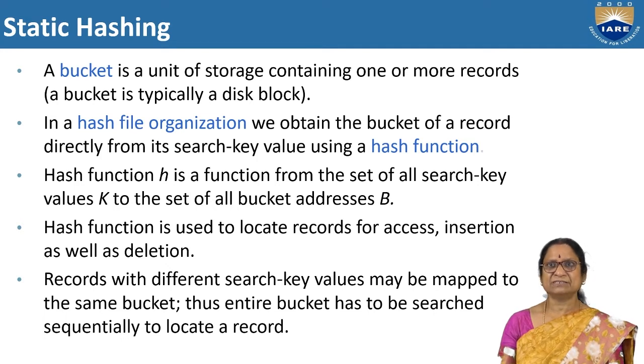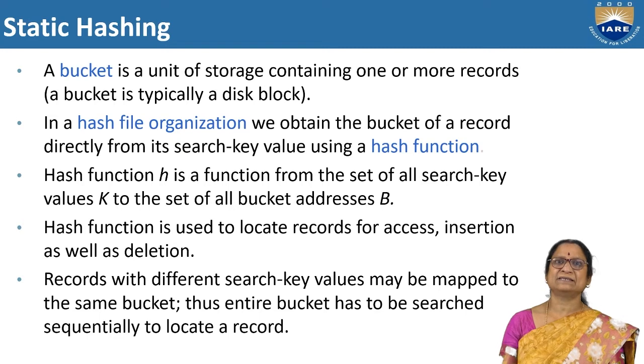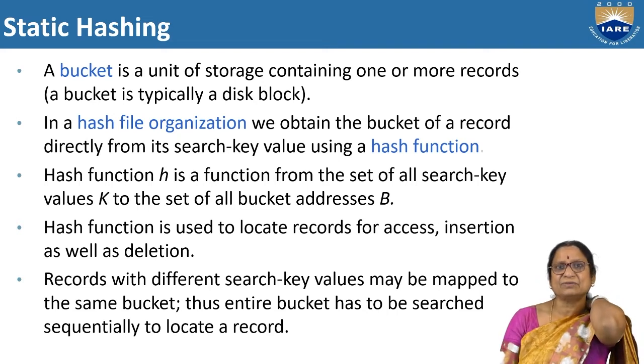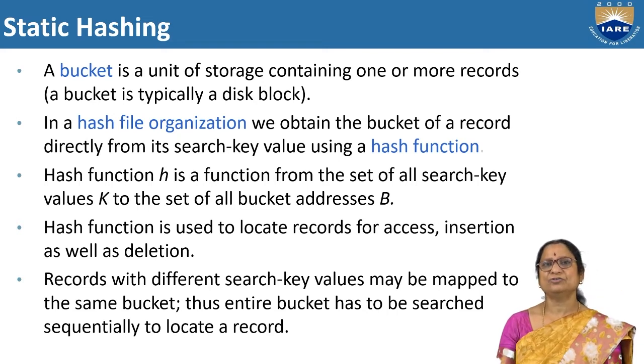The hash function H must be selected in such a way that all search keys will be mapped to the set of B bucket addresses. That is, a fixed number of bucket addresses are available, and records have to be mapped to those buckets.